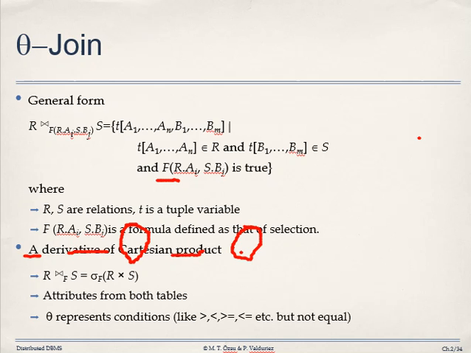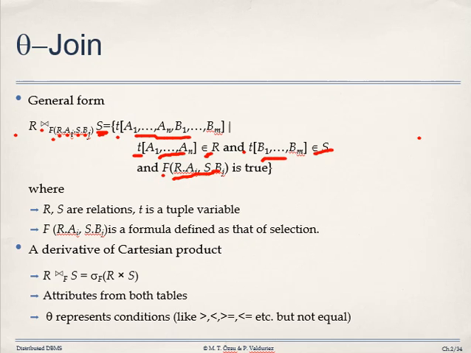Okay, so next we have the theta join. In the theta join, first we will check the general form: relation R theta join over function F with relation S. The tuple T has attributes A1 to An belonging to R, and attributes B1 to Bm belonging to S, and F is our function.